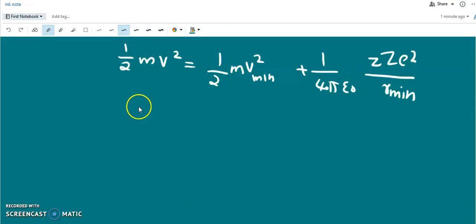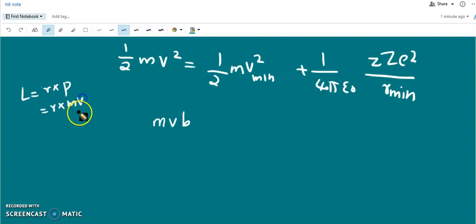According to the law of conservation of angular momentum, when the projectile is far away from the nucleus, it is mvb. Angular momentum is r cross p, so r cross mv. When p and r are perpendicular, its magnitude is m into v into r.